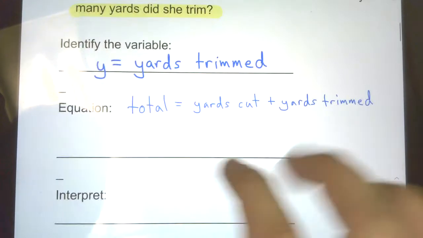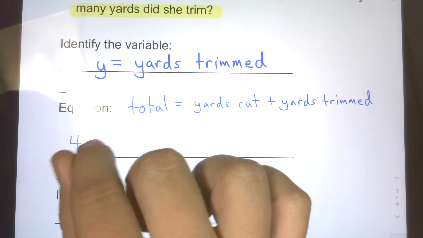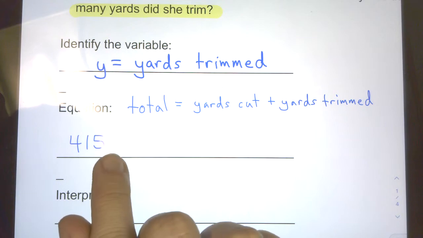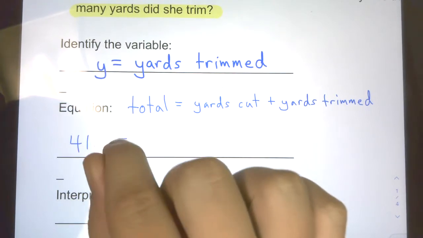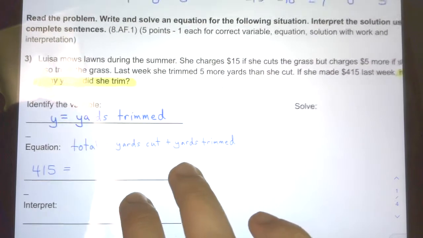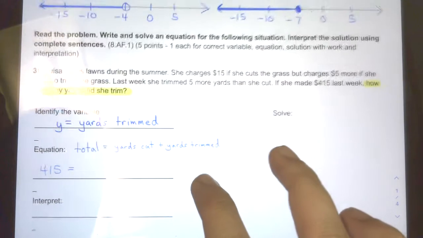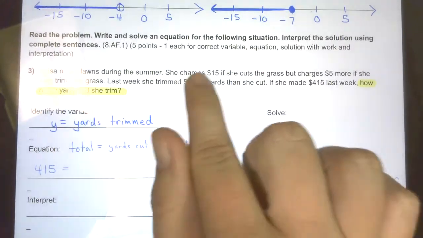So here's how I'm going to set this up. The total we know is $415. She made that much. Okay. The yards that she cut, and I'm going to say yards cut and trimmed. That's how I set mine up. Let's look back at the problem.